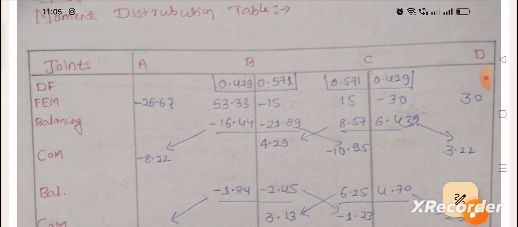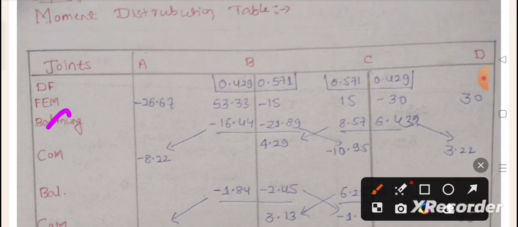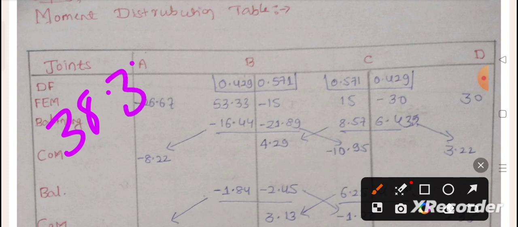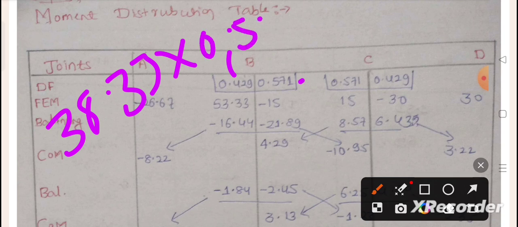38.33, how are you getting it? 53.33 minus 15 will be 38.33. You will multiply 38.33 with what? Earlier I multiplied with 0.429, now I will multiply with this value 0.571.